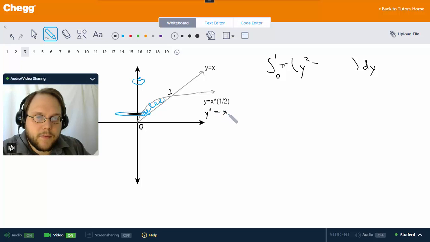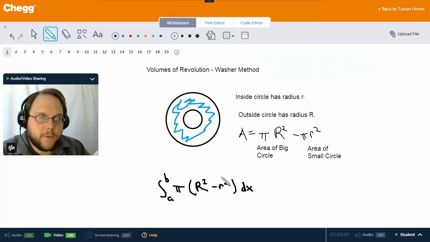And that gives us y squared equals x. If we take that and we put it in here, well, y squared is going to give us our inside radius. Alright? But we need to square it again, because we want to take the inside radius, which is y squared, and then square it, just like it tells us in this formula here.